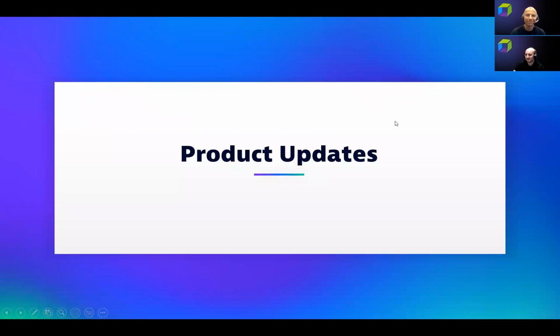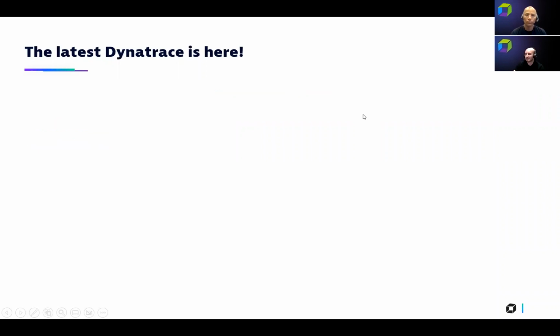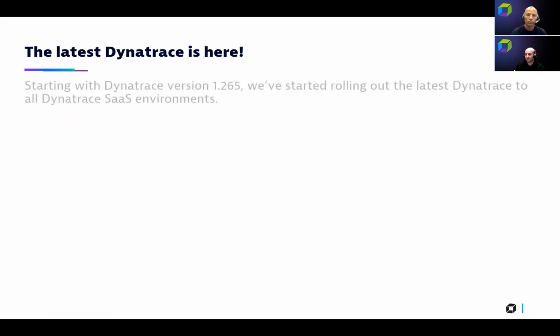Exactly. And this month, as always, we roll out automatically our clusters every 2 weeks. So this month we have versions 1.265 and 266. And now in the next version, the 265, our new Dynatrace platform is available.